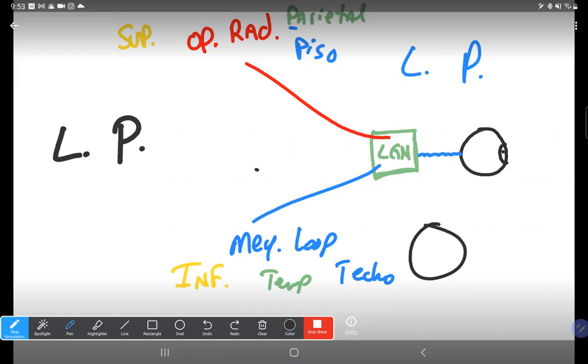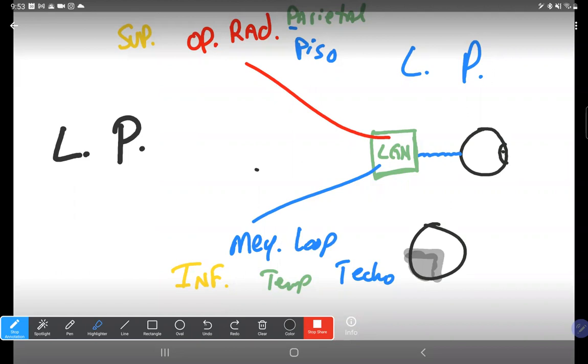They said left parietal lobe. Parietal lobe is superior. If they say superior, you say inferior. So I know we're down here. They said left, therefore you say right. So I know it's over here. Right inferior quadrantanopia.